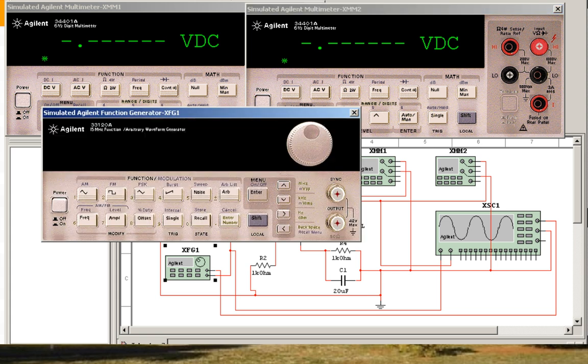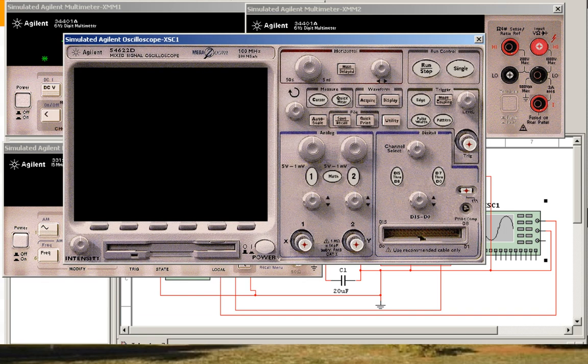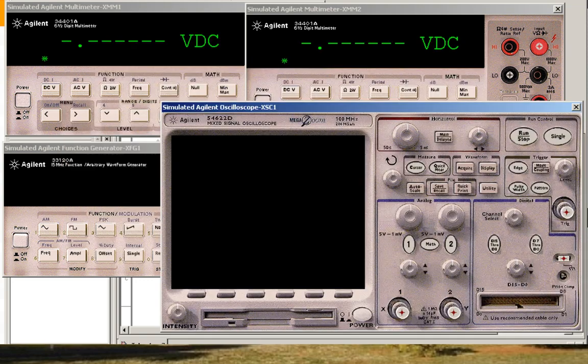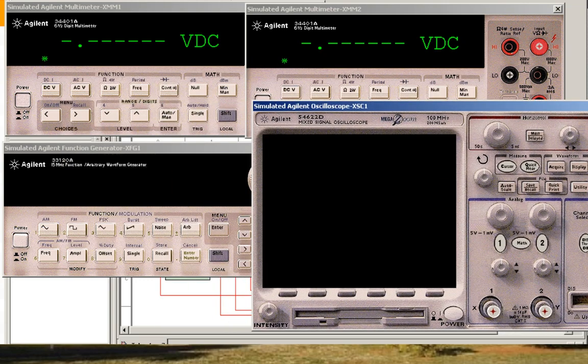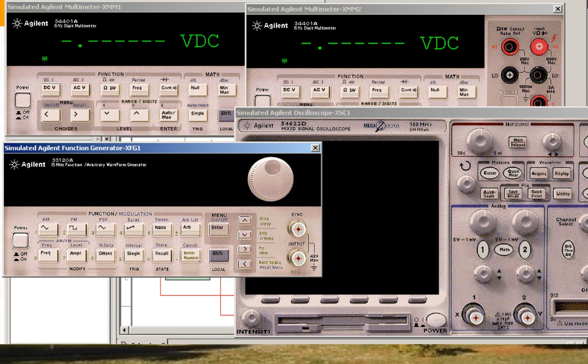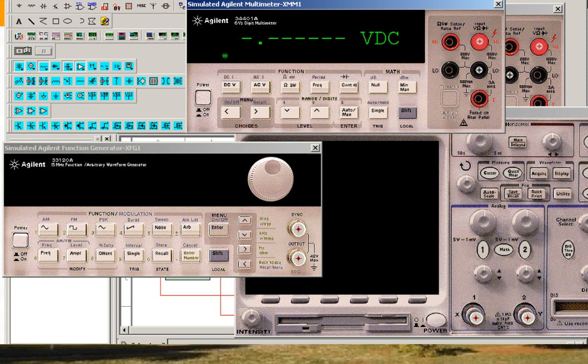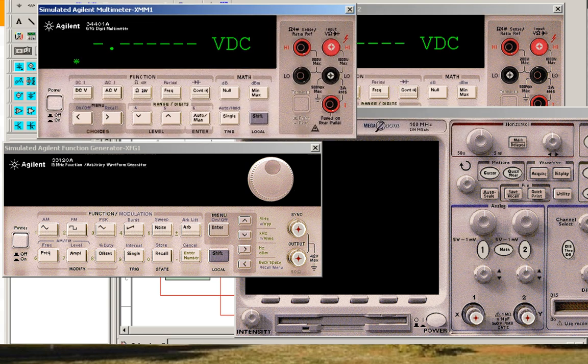Turn our generator on. And of course the scope takes up the whole kit and caboodle. You won't be able to see everything on this, will you? I can't even see everything. After I turn the switch on here.